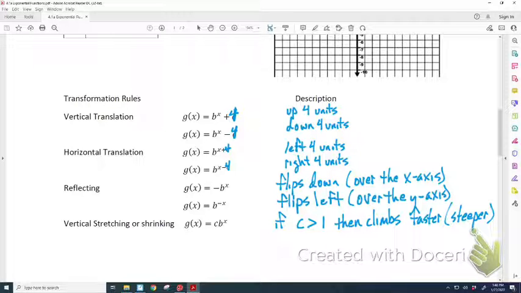If it's small, like a small decimal between 0 and 1, like 0.5, 0.2, then it climbs slower. You know, I typed shrinking. That doesn't really happen, but it's less steep.